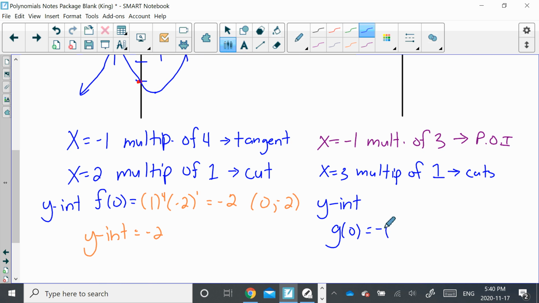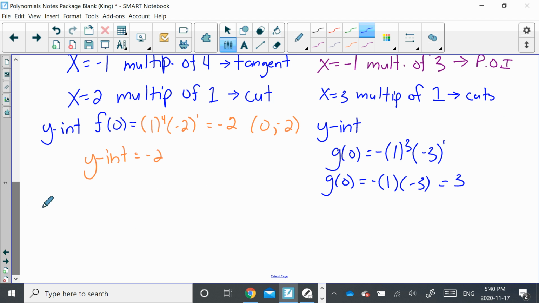So g of 0 is equal to -1 times -3. Two negatives make a positive. I have a y-intercept of 3. So the point of my y-intercept is going to be x is 0 and y is 3.